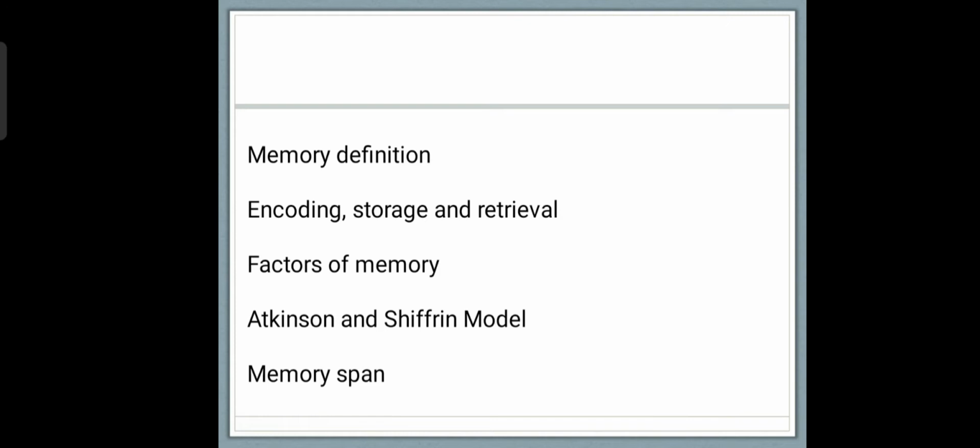Why is this concept of memory span important for this practical? What is a memory span? Memory span is the number of elements that you can attend to, that you can remember after a single exposure. This single exposure doesn't only mean that it has to be a visual exposure. It can be auditory exposure, it can be tactile.